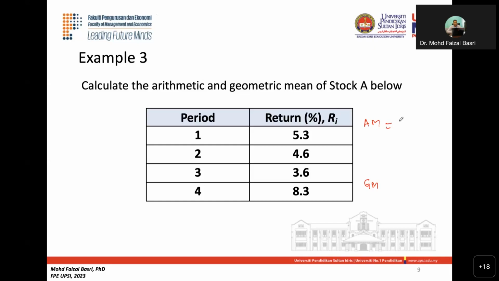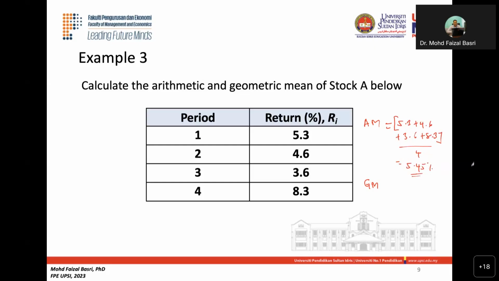It's basically 5.3 plus 4.6 plus 3.6 plus 8.3, and you divide it by 4. So you get 5.45 just now.